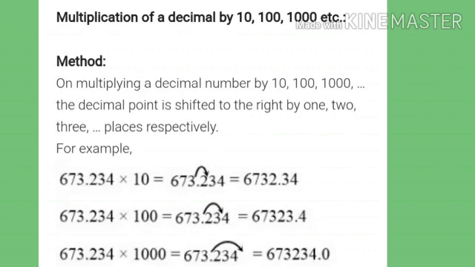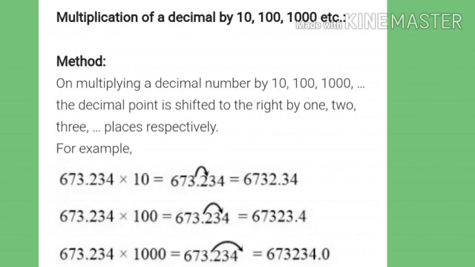673.234 is multiplied by 10. Now students, you can see here in 10 there is 1 zero. So its decimal point will shift one place to the right side.